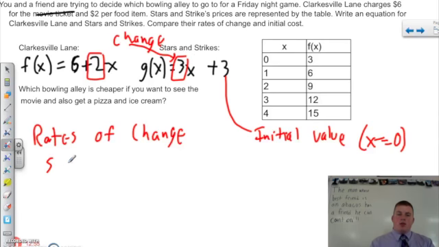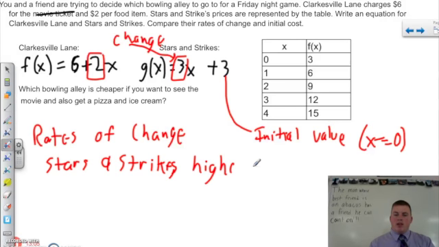So Stars and Strikes will have a higher rate of change, because 3 is bigger than 2.